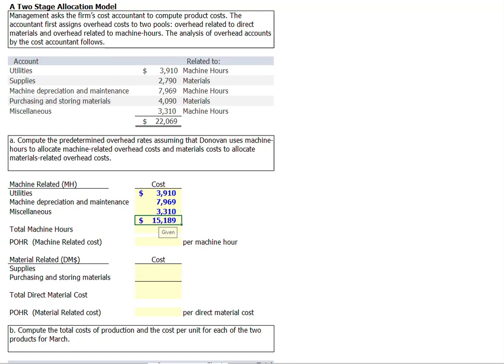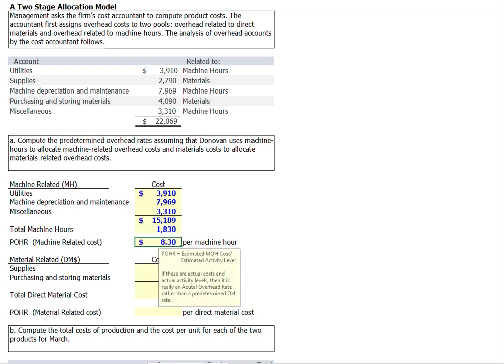We had total machine hours that we looked at before of 1,830. So we take the 15,000, divide it by the 1,830, and we get a predetermined overhead rate of $8.30 per machine hour. Note, if we were doing this after the fact using actual cost and actual activity levels, these would simply be actual overhead rates rather than predetermined overhead rates.